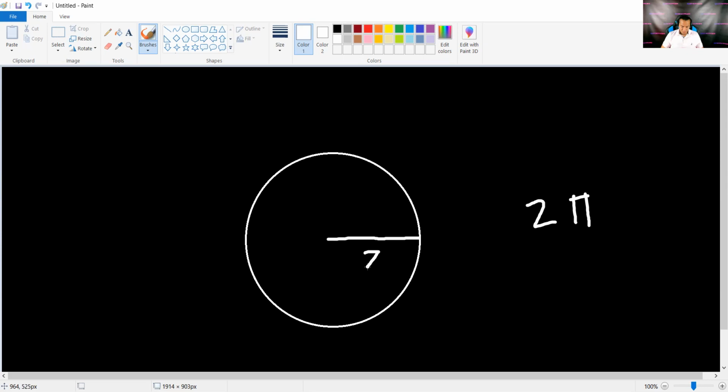Well, in that case, the circumference is just amplified by a factor of 7. So we get 2 pi times 7. If we had an 8, then it would just be 2 pi times 8. And in fact, if it was some unknown number like r, it would just be 2 pi r.